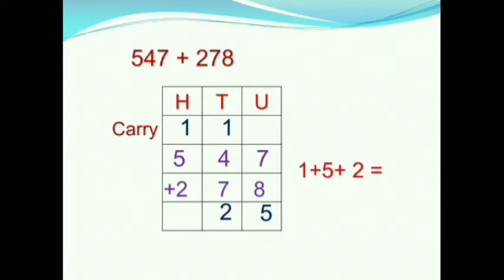The digits in the hundreds place are 1, 5 and 2. 1 plus 5 plus 2 is equal to 8. Write 8 in hundreds place. Therefore, the sum of 547 and 278 is 825.